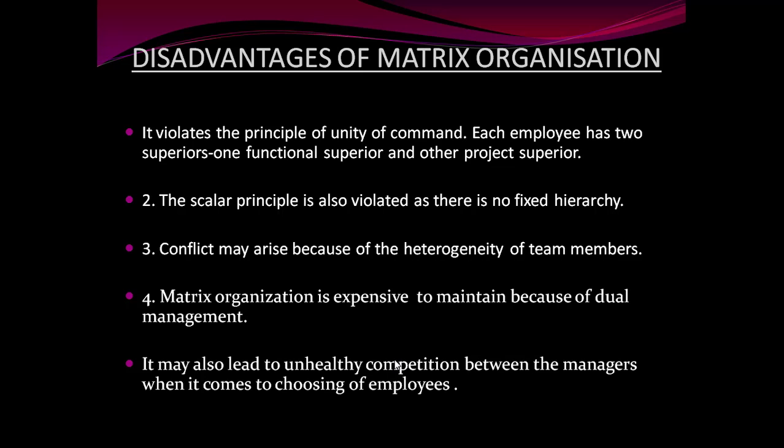So there is a heterogeneity, there are no homogeneous team members, that is all the employees working in a project are not from the same departments, they don't have the same skills. So at times there may be conflicts because they won't have a similar understanding of each other's work. That's why conflict may arise.